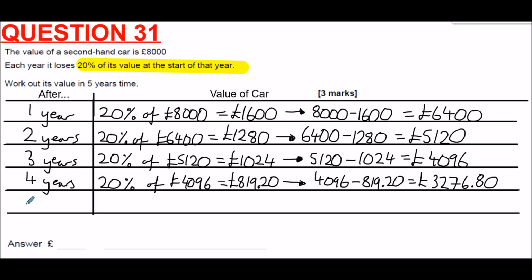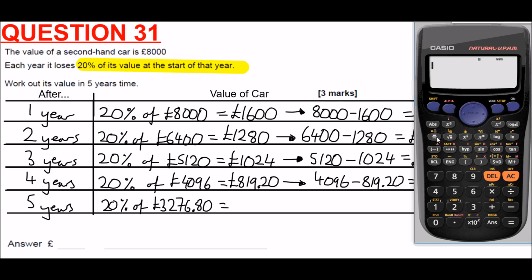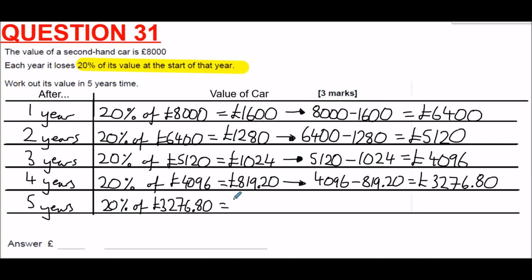So after 5 years we've finally got to the last line. Hooray! Now we do 20% of £3,276.80. So yet again, 20 over 100 multiplied by 3276.80. That gives us £655.36.